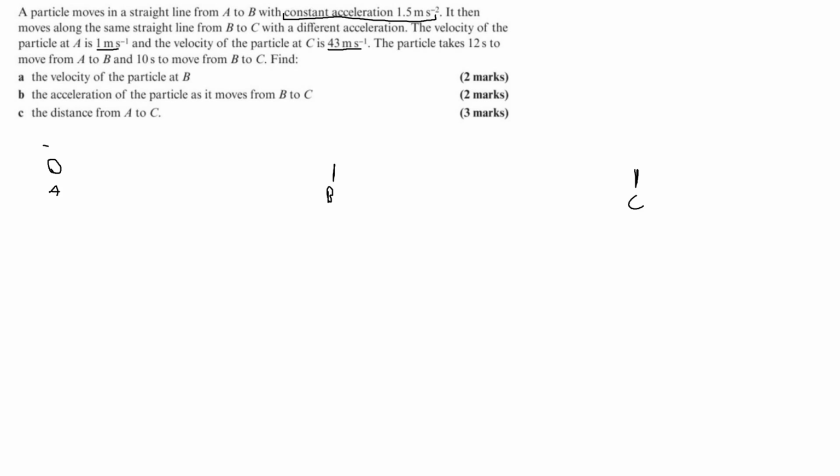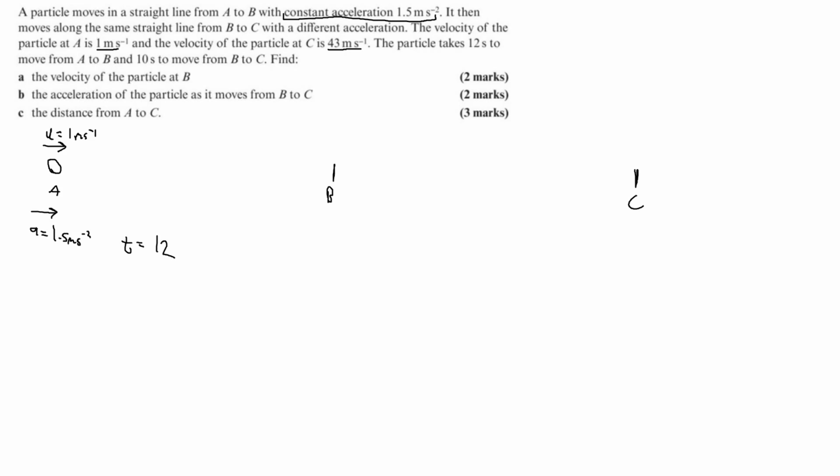We know that the initial velocity U is equal to 1 meters per second, and we know that the acceleration is equal to 1.5 meters per second squared, and it takes 12 seconds, okay?